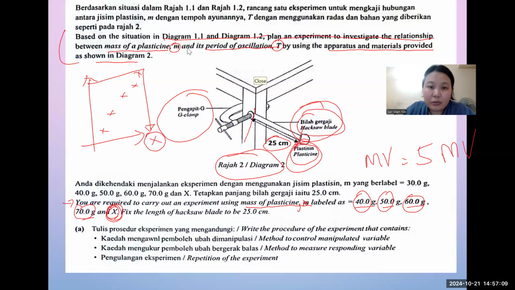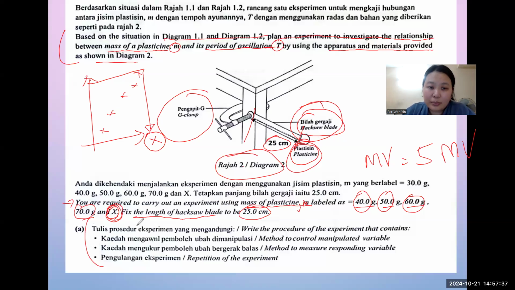In the experiment, will they provide the G clamp? Because last time teacher asked us to use tape. Yes, everything will be provided. Fix the length of the hacksaw blade to be 25 cm, or they might not ask you to fix 25, you just fix one length.